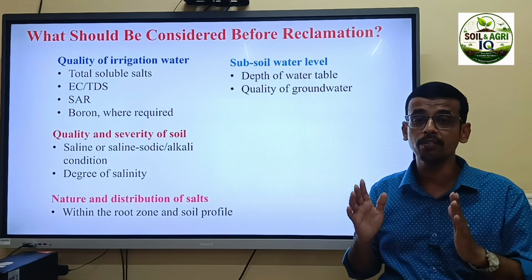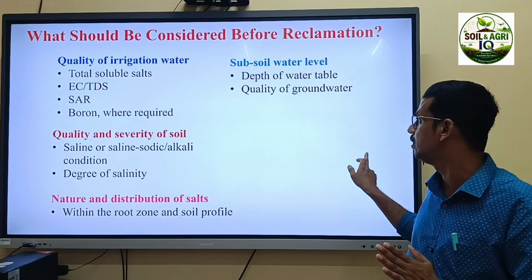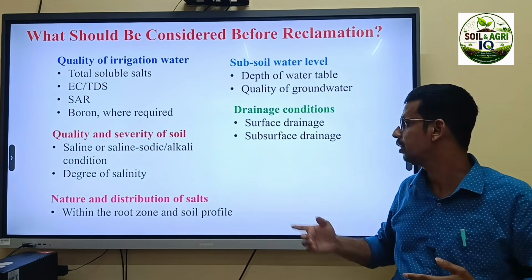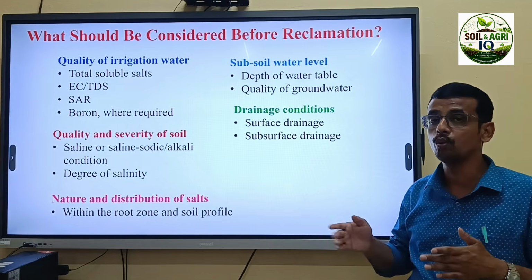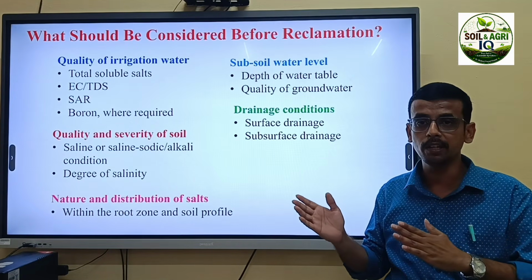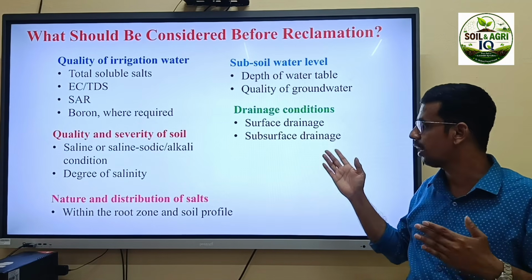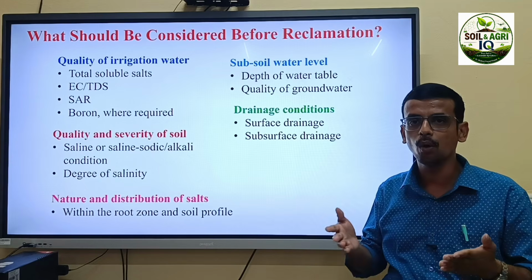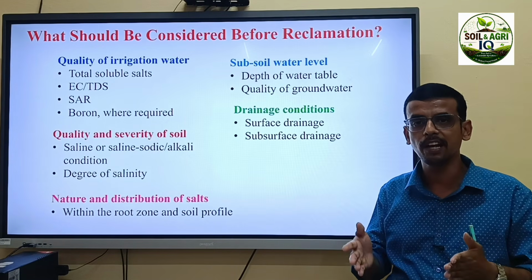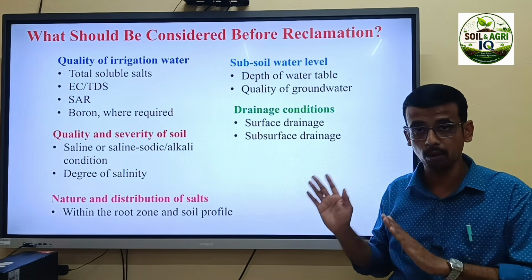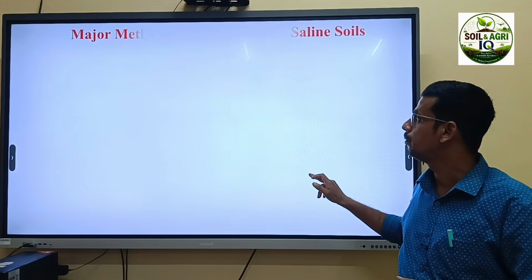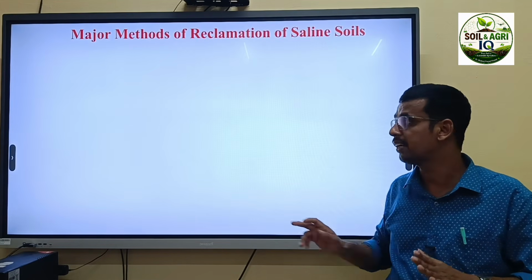So the quality of groundwater must be considered before reclamation. Then coming to the drainage condition, which type of drainage condition is prevailing in the site which you need to reclaim. There is surface drainage or subsurface drainage, you must be careful about that.